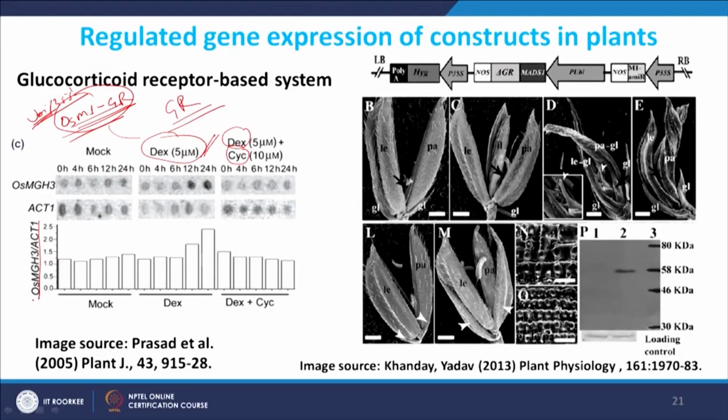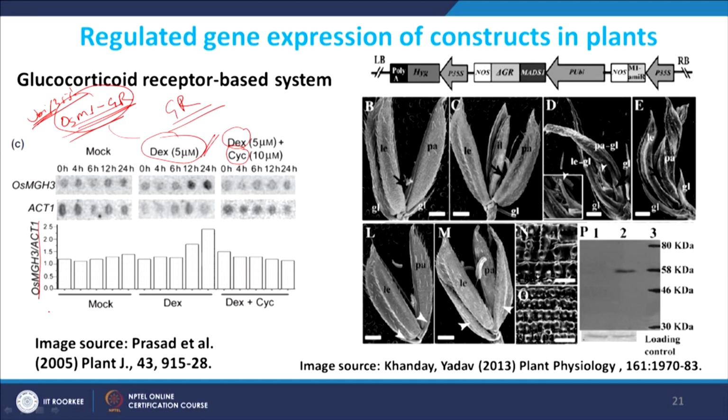And this is a very important technique which you can use to even distinguish between direct genes which are regulated directly by MATS1 or the genes which are a consequence of the MATS1 induction. So, if you combine this dexamethasone treatment with a protein synthesis inhibitor, cycloheximide, let us assume this is the example of OSMGH3, which as I said earlier is one of the genes regulated by MATS1.